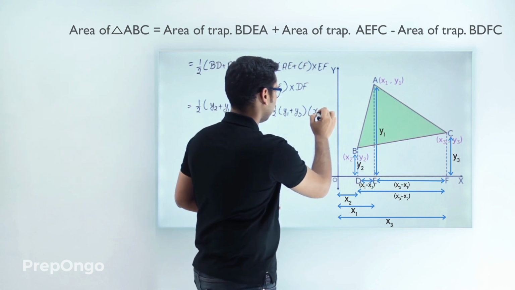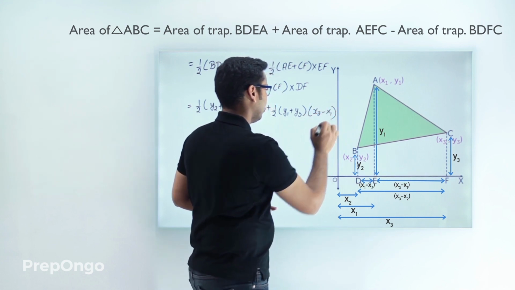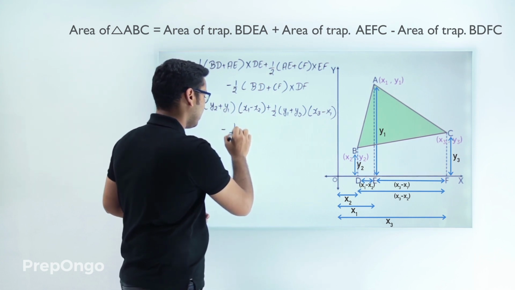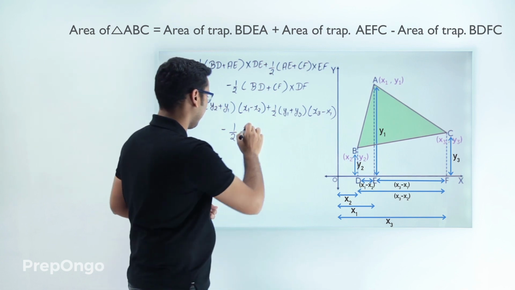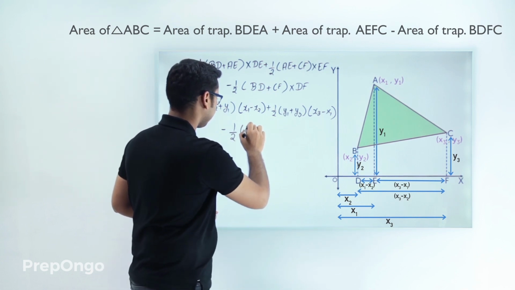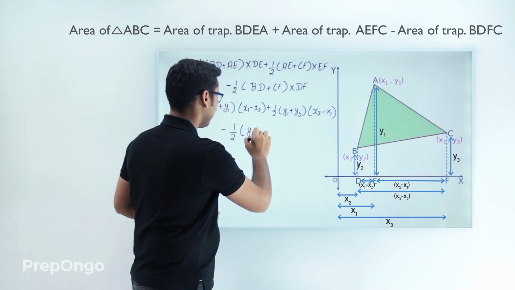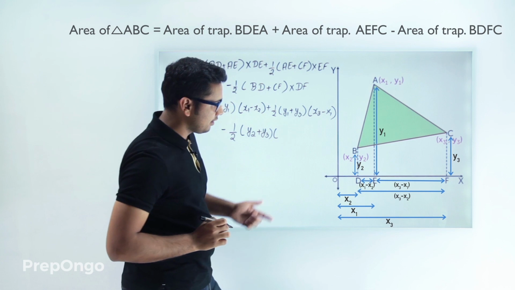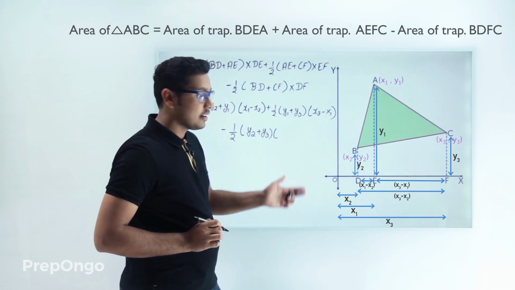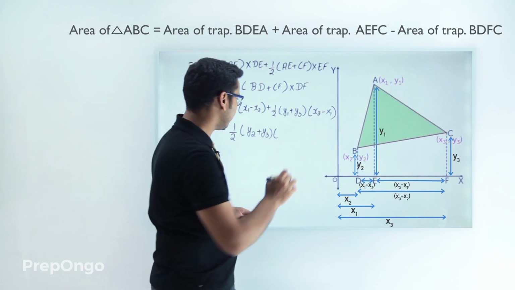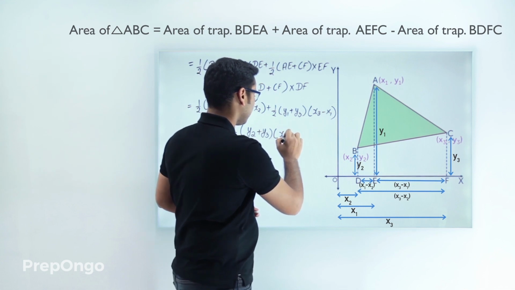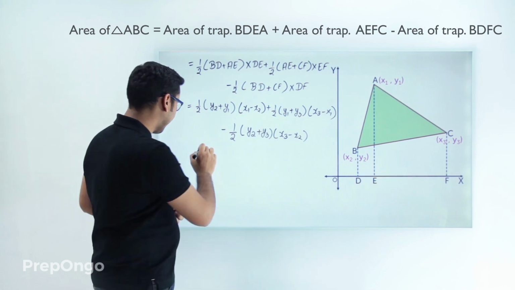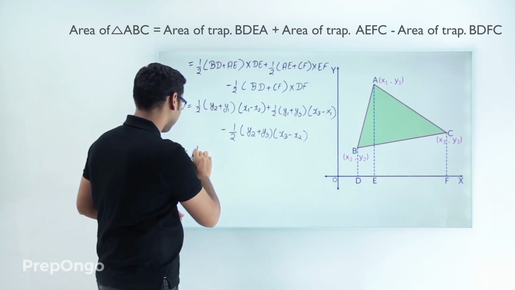So put the value x3 minus x1, and we have to subtract the area of the third trapezium. So this will be half, this length is y2 plus y3 and in bracket it will come out to be x3 minus x2.